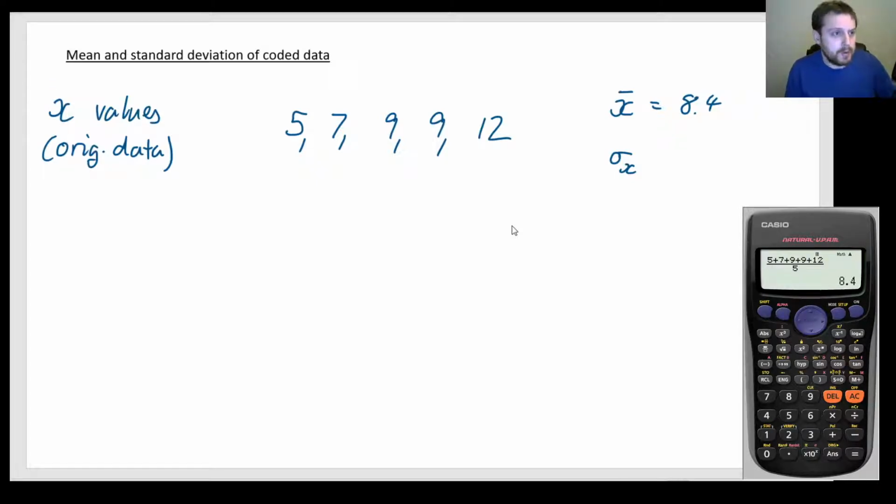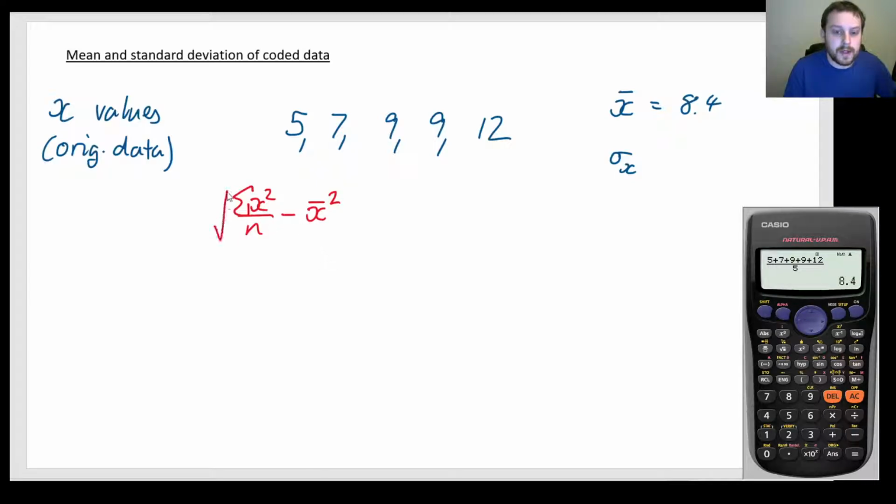Right, now I'm going to go through it. I fully expect you to have actually paused the video and spent however long it takes you to work out a standard deviation. So what you want to do is square all of these. I'm going to use the simpler version of the formula, in my view easier to use, which is to sum up the x squareds, divide by how many there are, and then take away the mean squared.